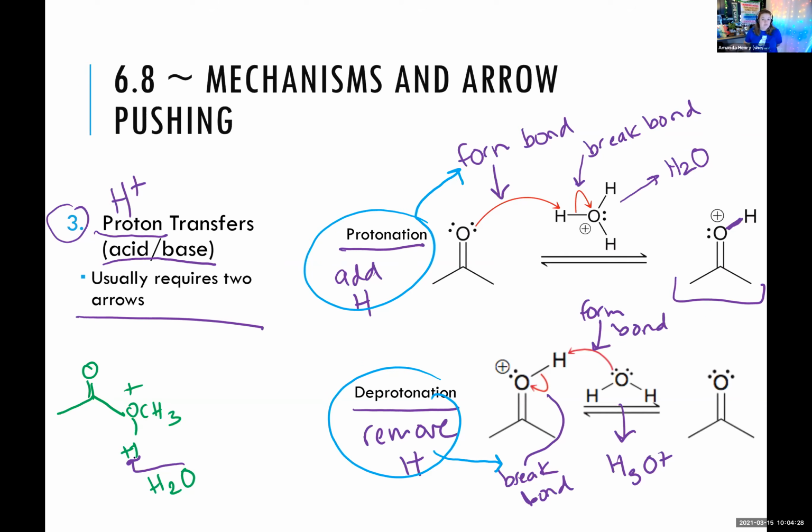Now notice I said I'm going from my lone pair on my oxygen, but I technically don't have any lone pairs drawn in there. That's okay. I'm going from the oxygen and it's understood that there's a lone pair there. I ended on the hydrogen, so that's forming my hydronium. And then I'm going to go from this bond onto that oxygen. So what we end up with is an ester, and we made hydronium in the process.